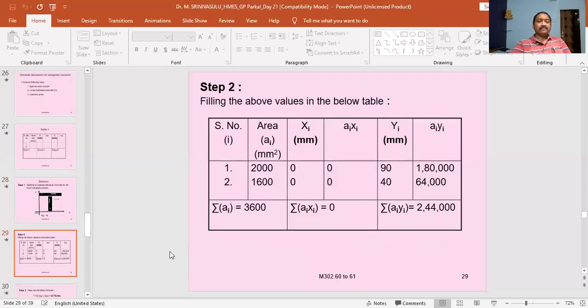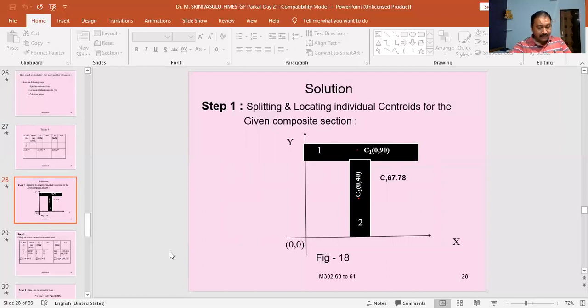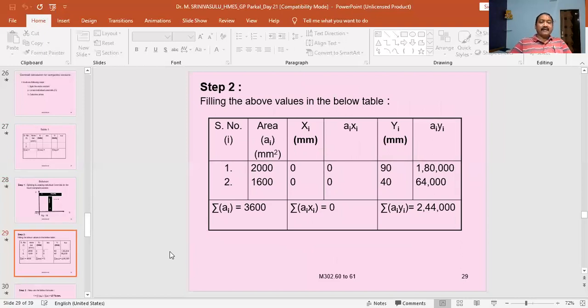So we need to find only the y coordinate, and the x coordinate we are taking as 0 for both the cases.